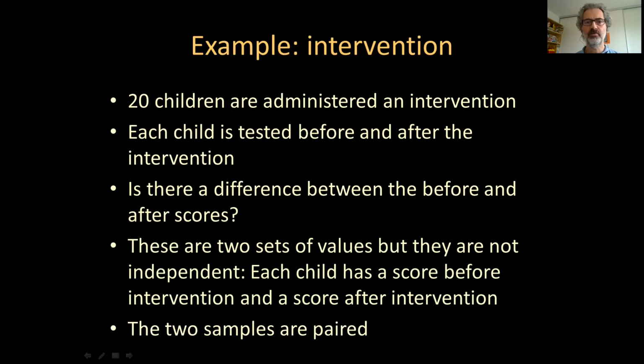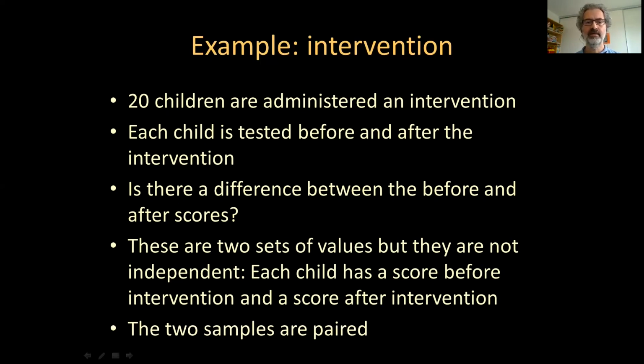Still, from a variables point of view, again, we have a quantitative variable, which is the score on the test, and is our dependent variable, the one that we want to see if it is affected. And the independent variable is the time the test was administered, so before versus after the intervention. These are the two values on our qualitative or categorical independent variable time.